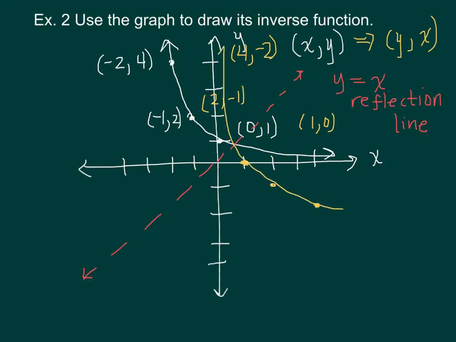It'll be this way, so that the points, when you fold them over that line, are going to reflect each other. If you draw that y equals x line, which goes right through the origin, that will help you draw your correct inverse function.